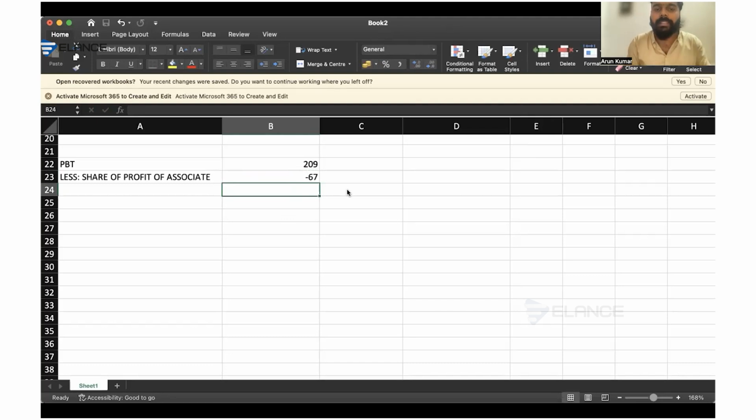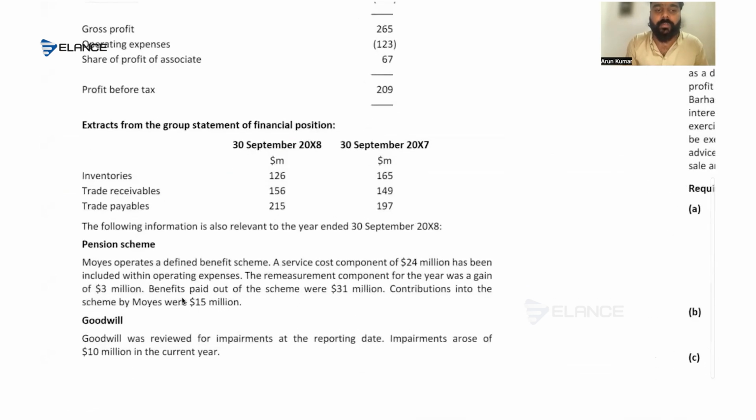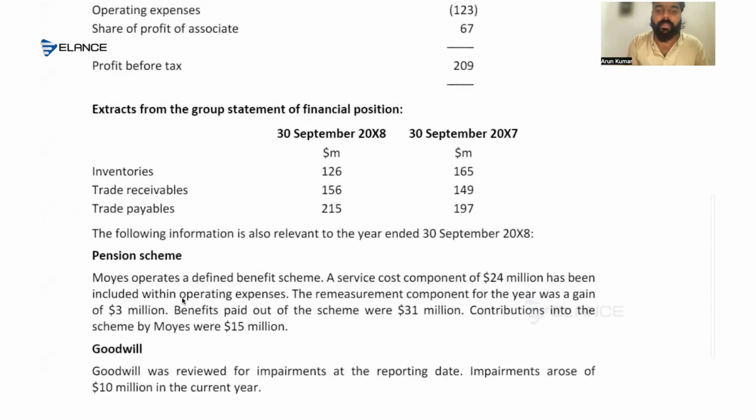Done. What's the next adjustment we need to do? Apart from that, there were some other operating expenses, so we need to know in detail what these are. First, let's start with the pension scheme. IAS 19 knowledge we have to consider, right? The service cost component of 24 million has been included within the operating expense.